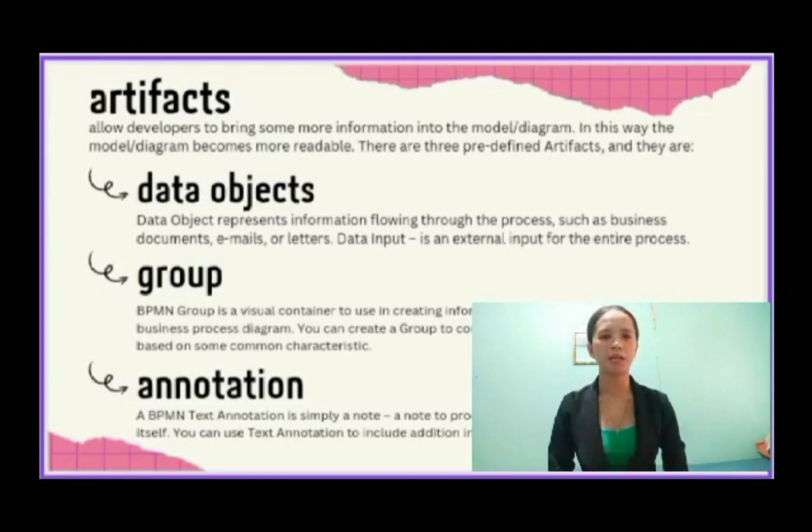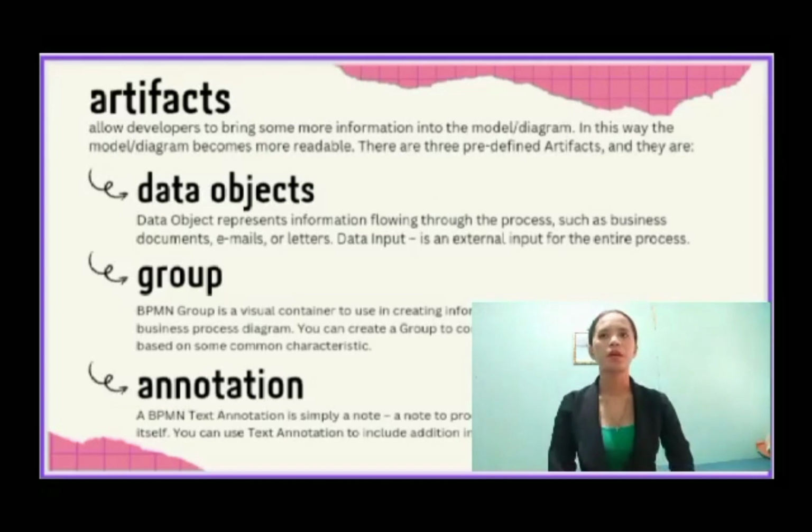Another example of data objects is when you purchase an item, the quantity and size of these items represent the customer's order information. Then we have the second predefined artifact, which is the group.